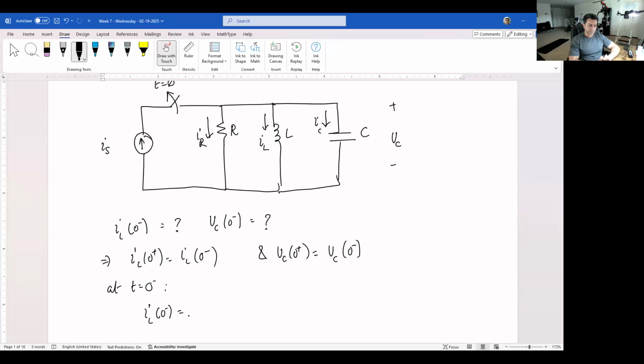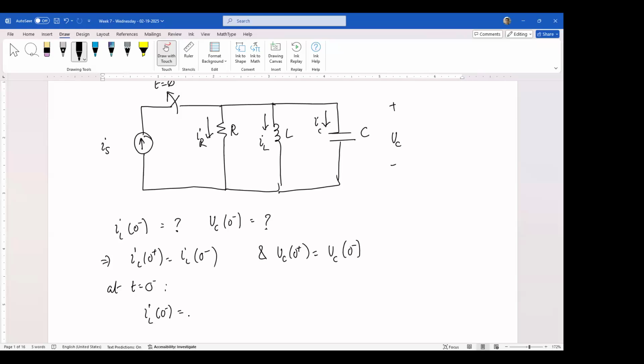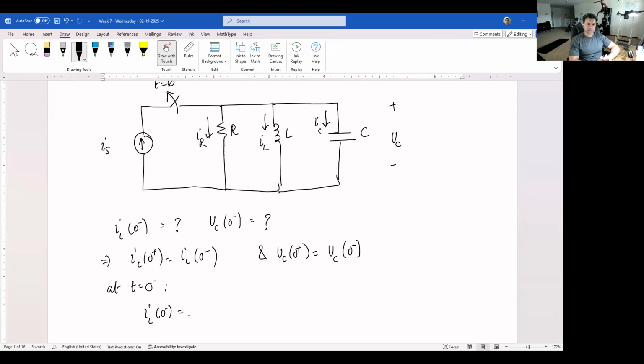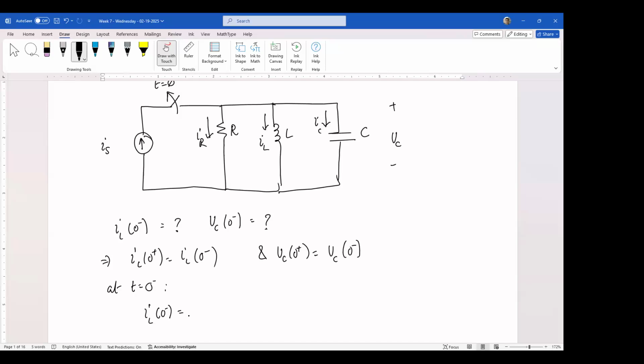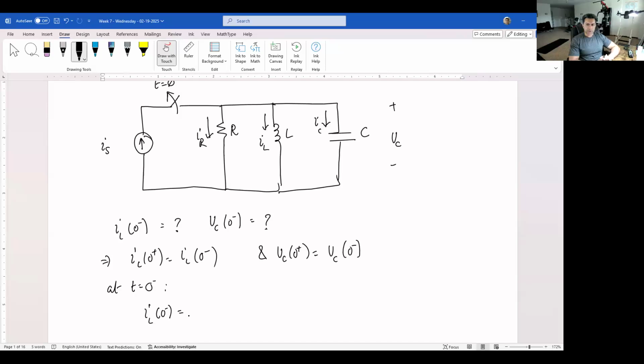All right. So you said the inductor will be a short circuit, right, Chris? Yes. Okay. If the inductor is a short circuit, so it's just closed, what will be the current passing through the inductor? It will be part of IS.